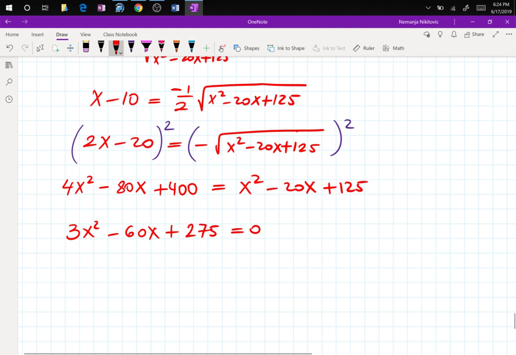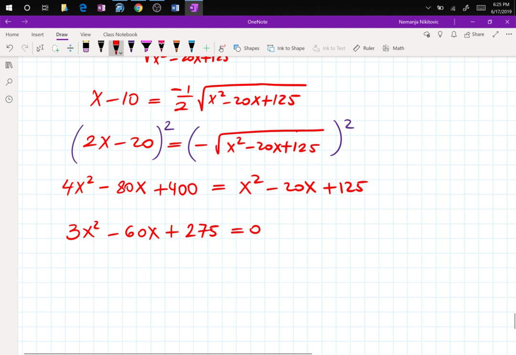Now it's not divisible by 3. 275 is not divisible by 3 because its digits add to 14. So we're just going to use software quickly to solve this, because we can't factor it. I'll use Mathematica.